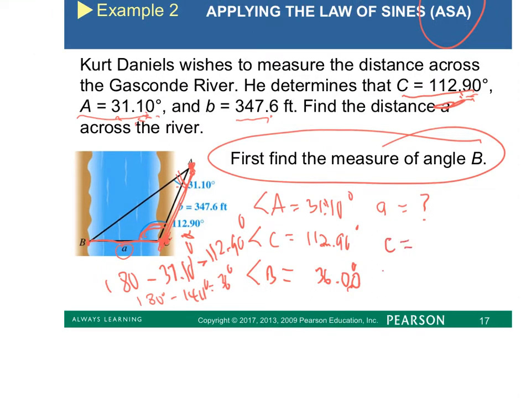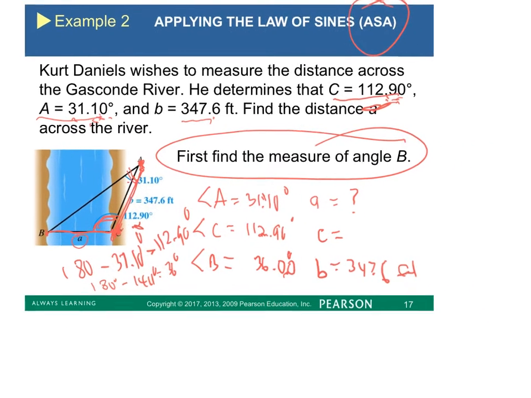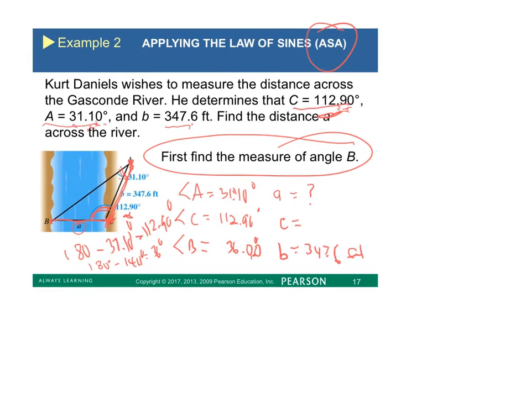Side B. That's the one we were given. 347.6 feet. So we have two measurements to find. The first thing I want you to notice is that the pair that I have that goes together would be the B's. So I'm going to use those both times for finding side A and side C.